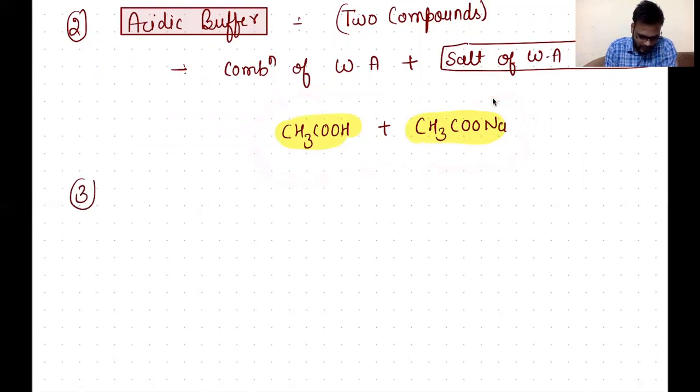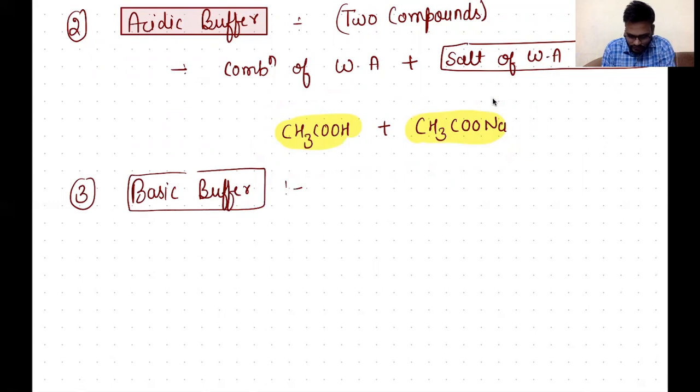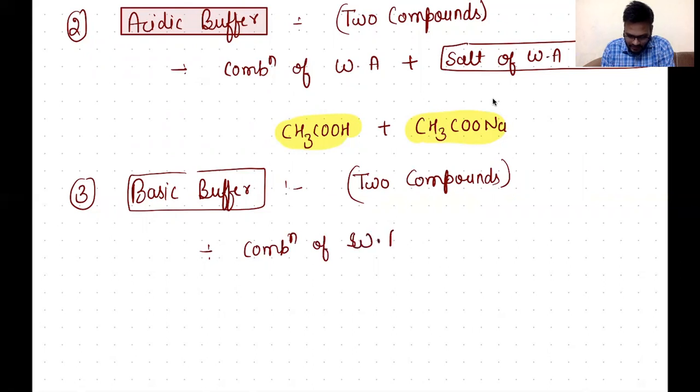The other type is basic buffer. It also has two compounds. Similar to acidic buffer, just replace the acid with base. Okay, so it is a combination of weak base with salt of weak base with strong acid.